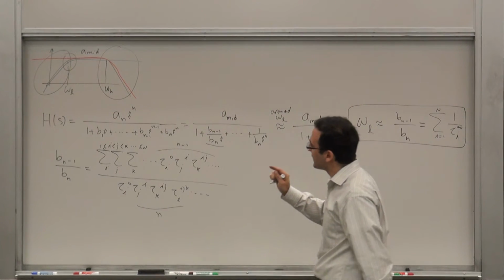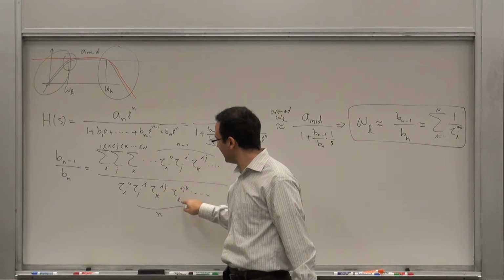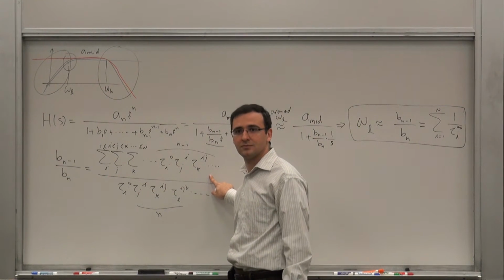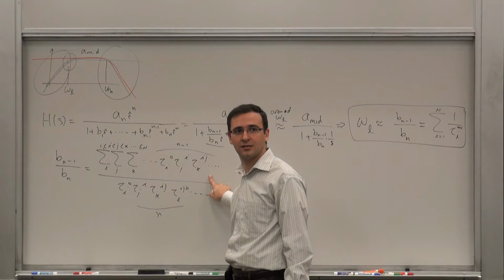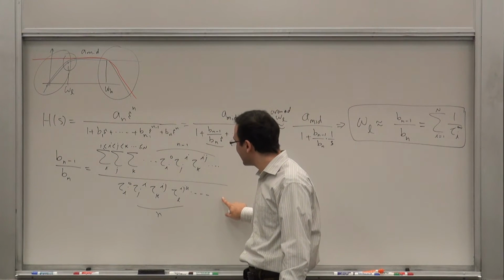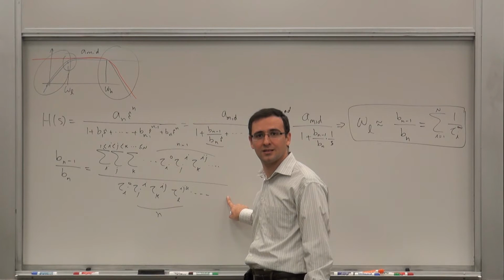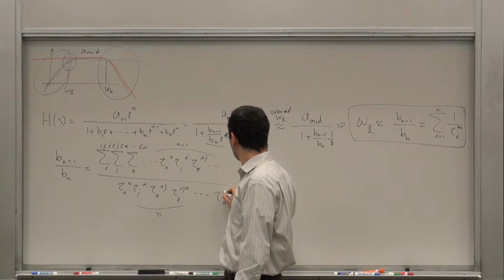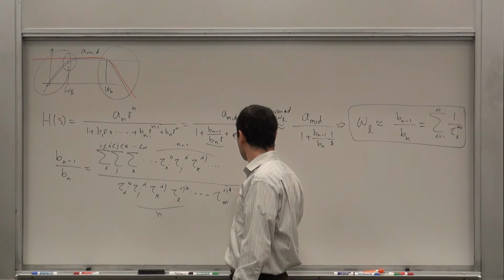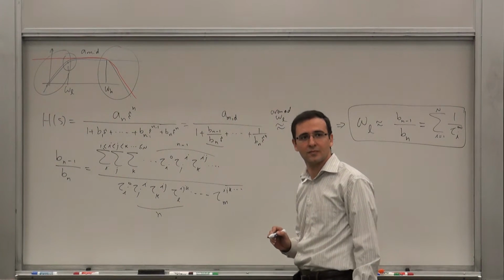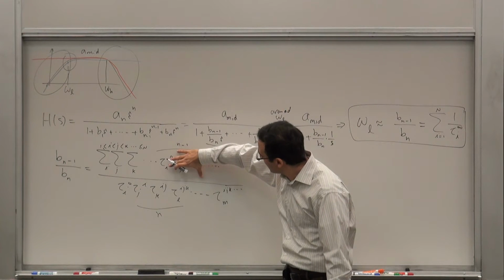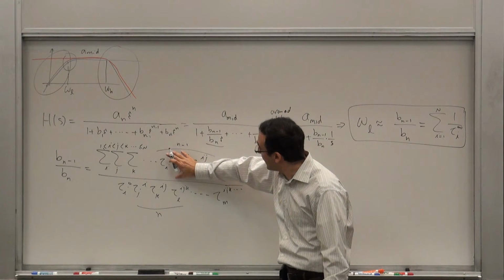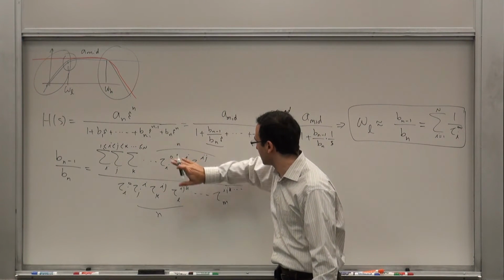So in each one of them, I can reorder these indices to match the n minus 1 that I have here. What is left is the last one. It would be tau, I don't know, m, i, j, k, etc. So there are n terms here, not n minus 1 terms.